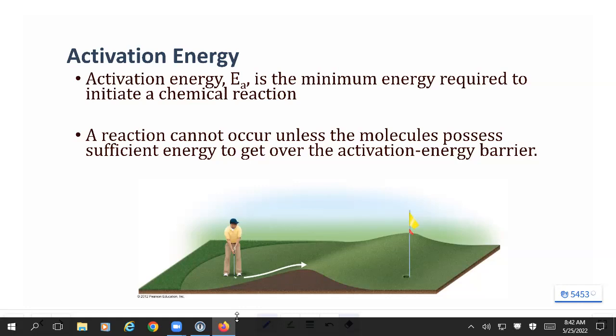And activation energy is at the heart of what makes a reaction slow or fast from an energy standpoint. The higher that activation energy is, more energy input is required, the slower that reaction is going to be at a given temperature. Because if you can't get over that barrier, you can't have a reaction.